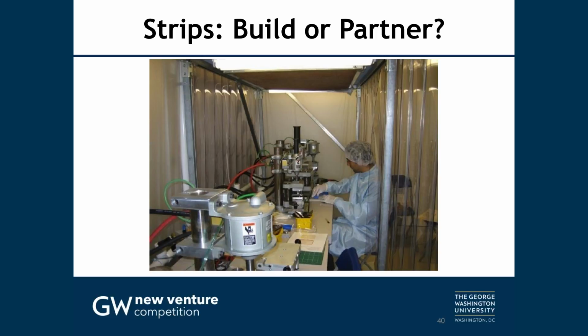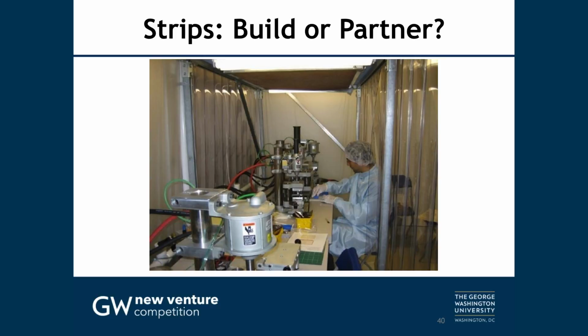Then we needed to look at whether to build or partner on building the strips. And here is where we had one of our first little stumbles. We thought the strips are a key resource and a key activity that we have to control ourselves. So you'll see on this slide, this is our first manufacturing facility. It's actually in the basement of my old VC firm, where they set up a clean room.